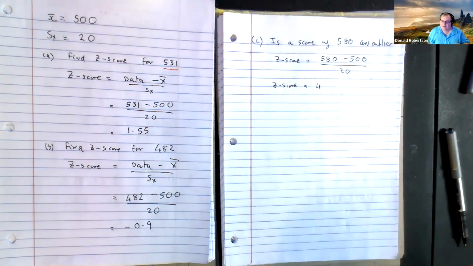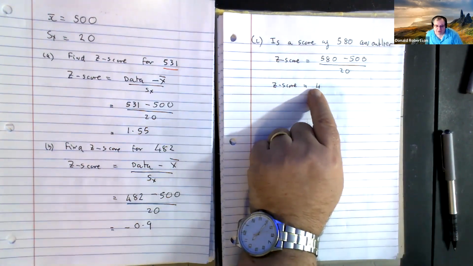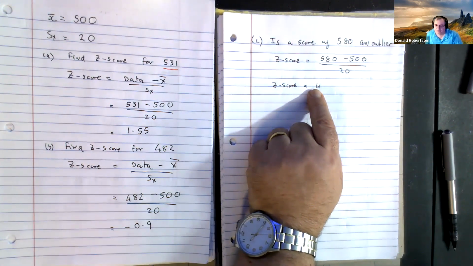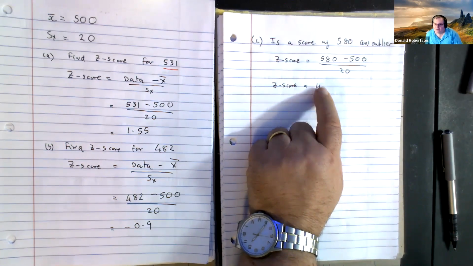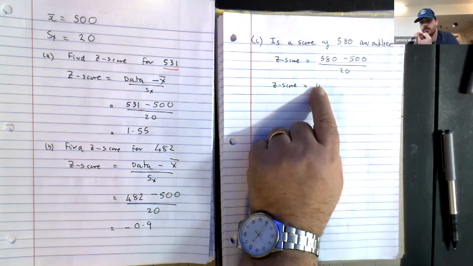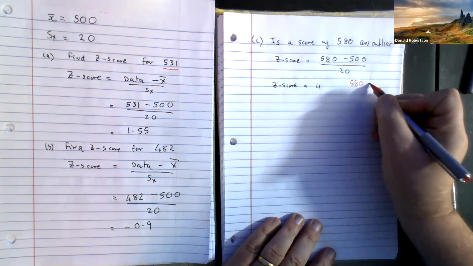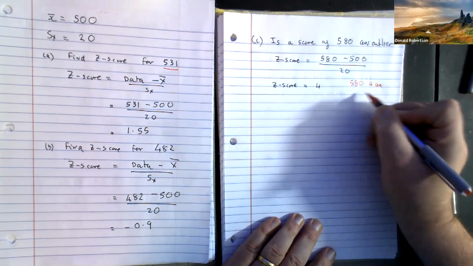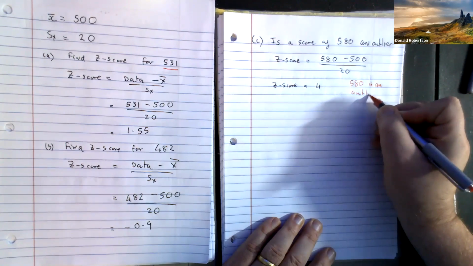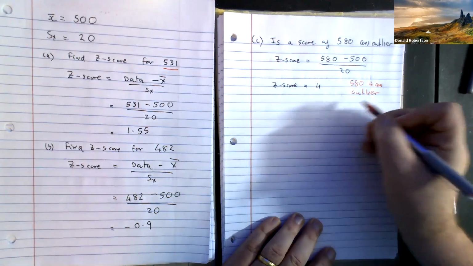Now, if the z-score is bigger than 3, you're an outlier. So doesn't that qualify as bigger than 3? Yes, sir. Right? And so we can say 580 is an outlier. We can also say why.